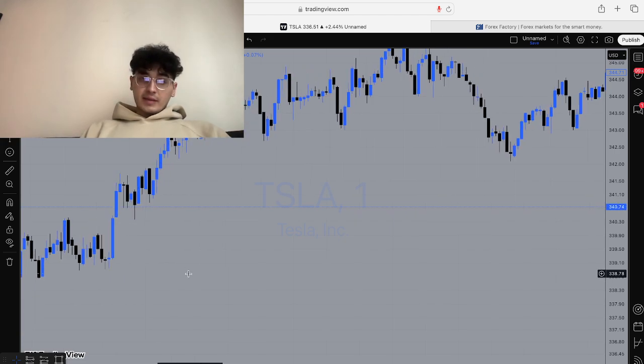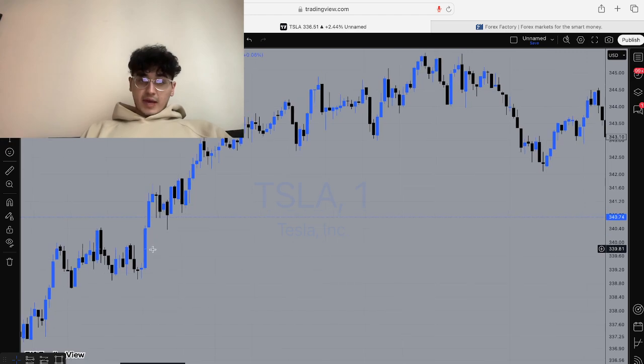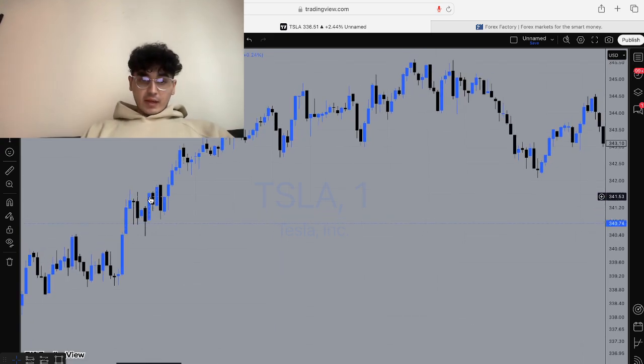And then one big thing that you want to look for with the fair value gaps is you want to make sure that the first candle isn't touching, isn't overlapping on the third candle. Like in this scenario, you can see that we have this black candle here, this blue candle here, and this black candle here.